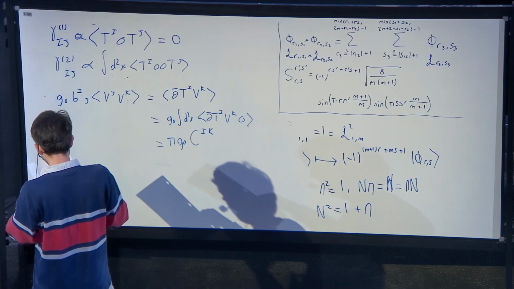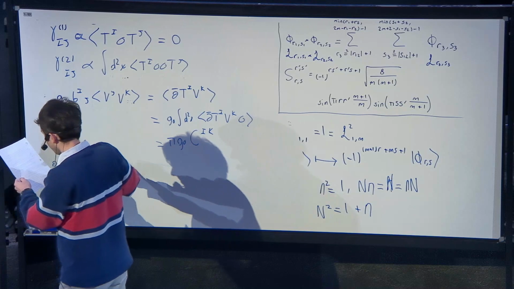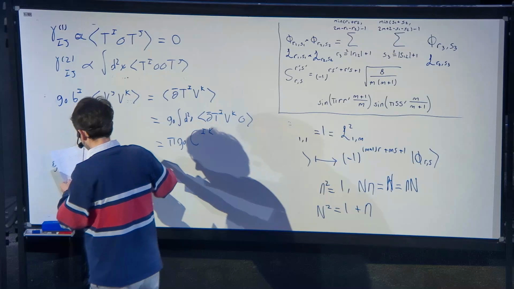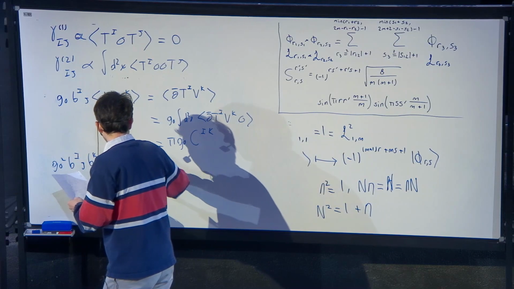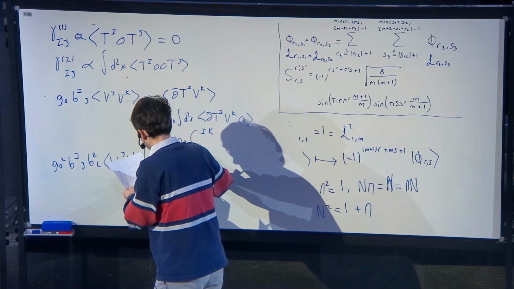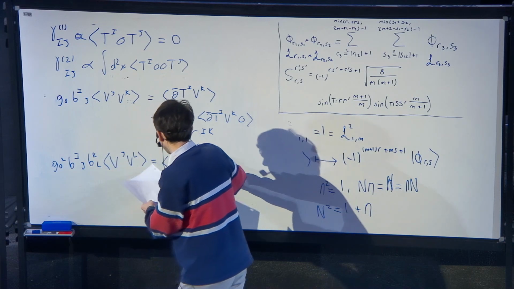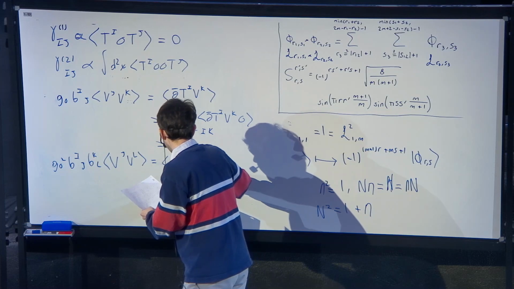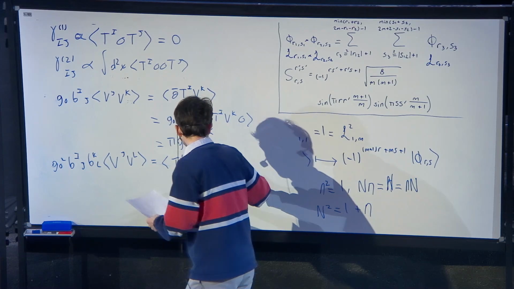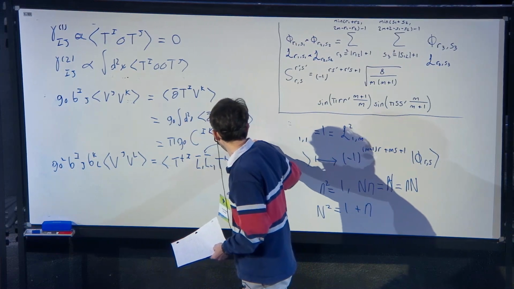So what does that look like? Where this is now 2 L bar naught.